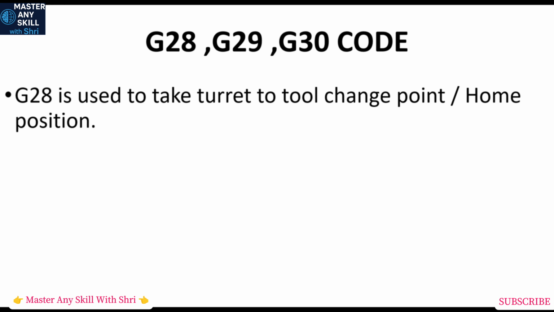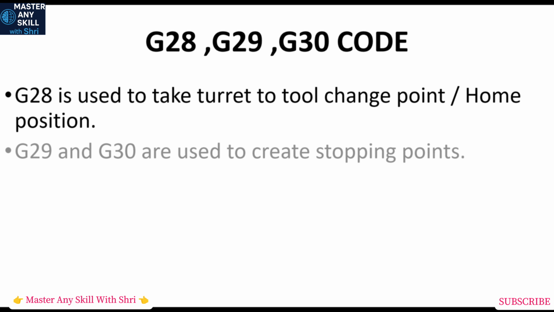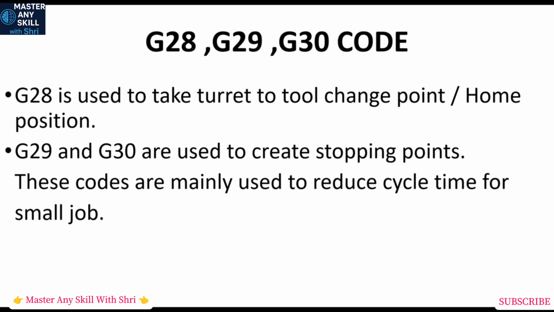So at that time, create a new home position near the job and make it the reference position, and call the tool from that new reference position to perform that small operation. This will save your time. G29 and G30 are used to create a new home position or new reference position for the tool. So the tool will stop there instead of going to its main reference position.